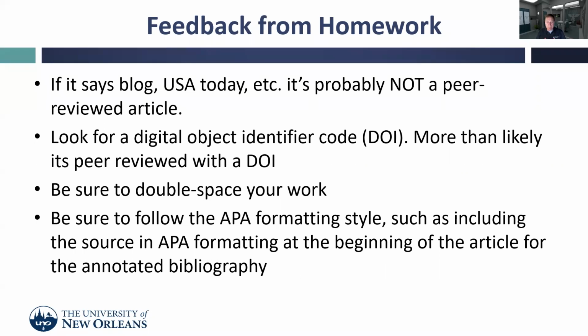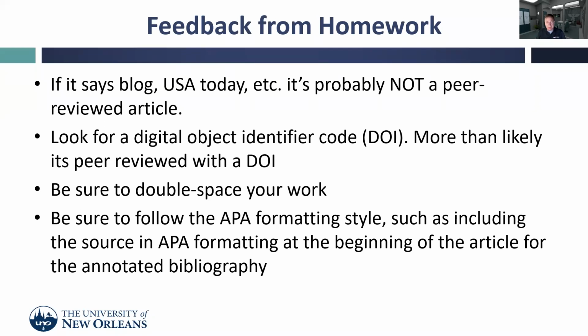about 75% of the submissions are on target. You've identified good sources, and you're doing a good analysis. For the other 25%, let me be sure and talk about a couple of things. Again, from a peer review standpoint, if it says blog, chances are it's not peer reviewed. If it says USA Today, it's not peer reviewed.